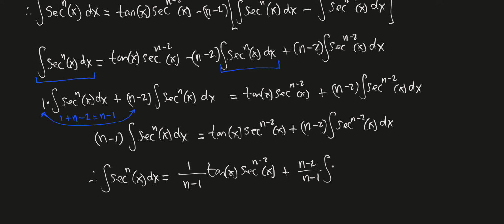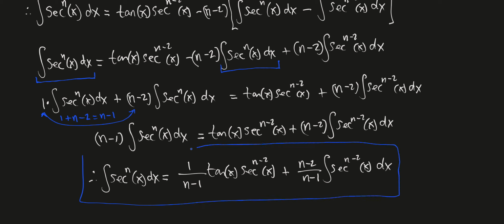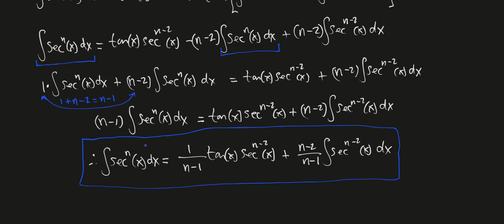And then we have the remaining integral right here. All right, and it might not look like much, but this is the reduction formula for powers of secant. Whew. Right, I feel like we need a yoga break after something like that, right?